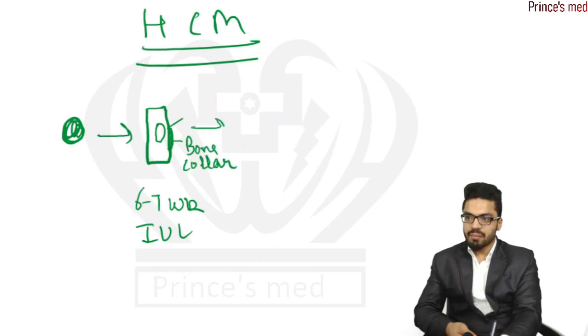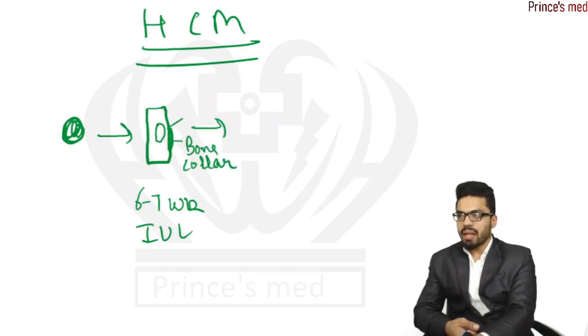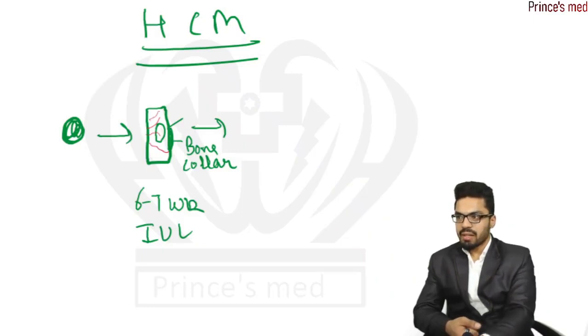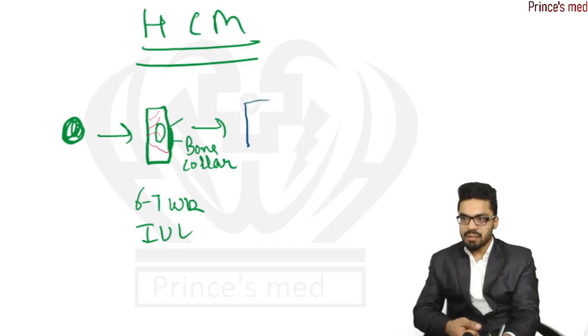Then after some time blood vessel invasion takes place in the primary center of ossification, and here appears primary bone marrow.